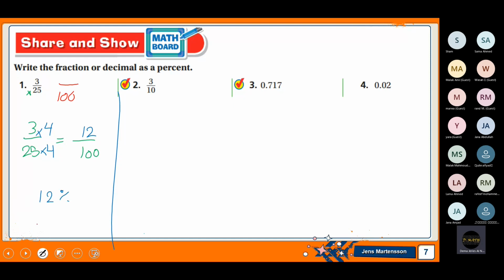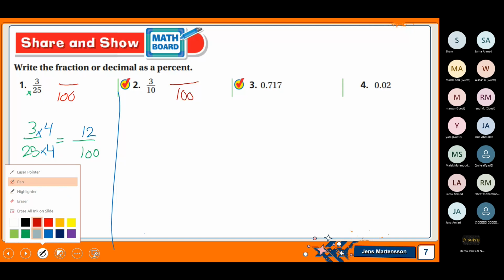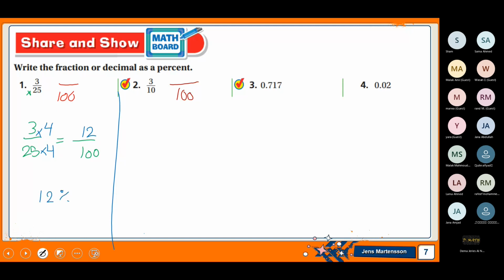3 over 10 now. How do you write an equivalent fraction to 3 over 10, but with a denominator of 100? We have to multiply by what? 10.